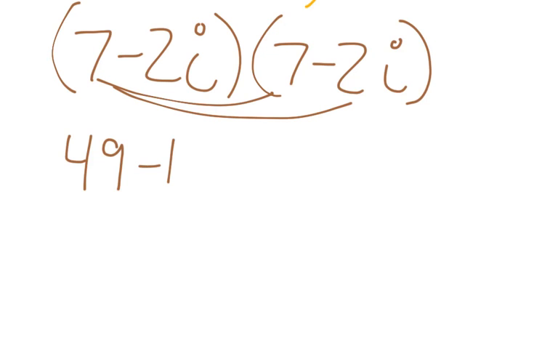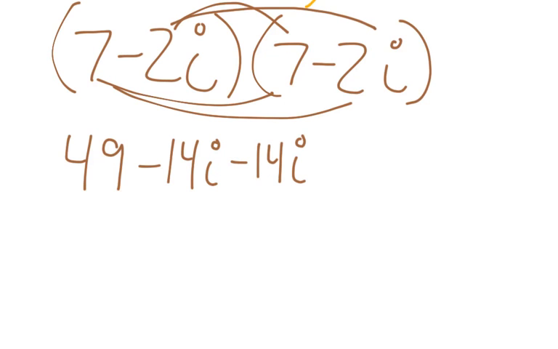7 times negative 2, minus 14i, negative 2i times 7, so negative 14i, and then your last, you have negative 2 times negative 2, positive 4, and then i squared.